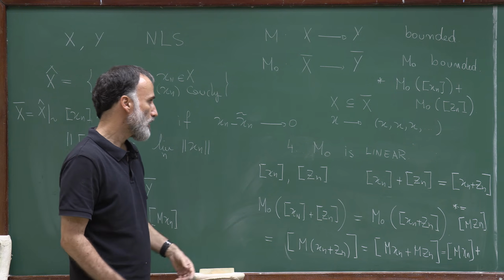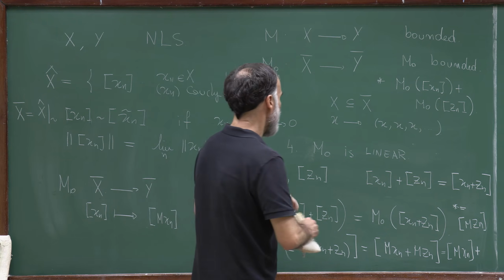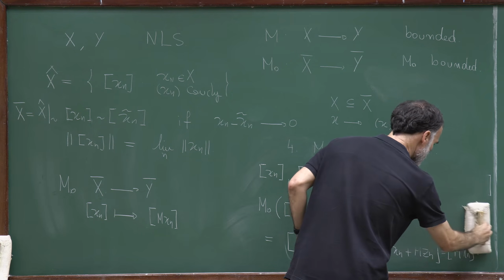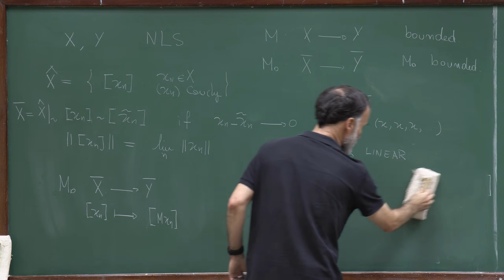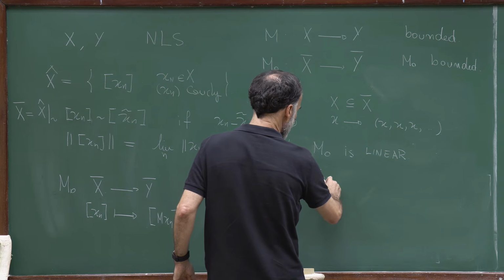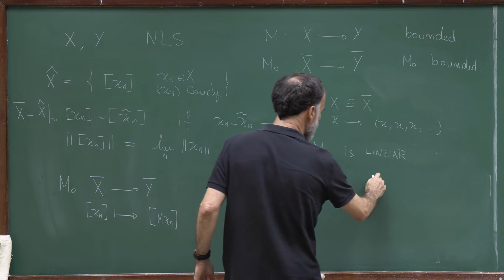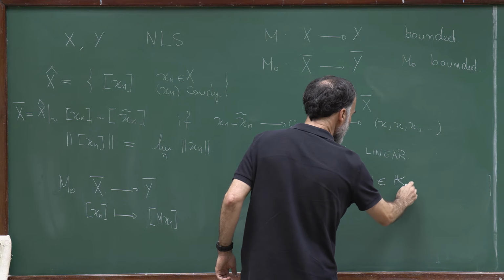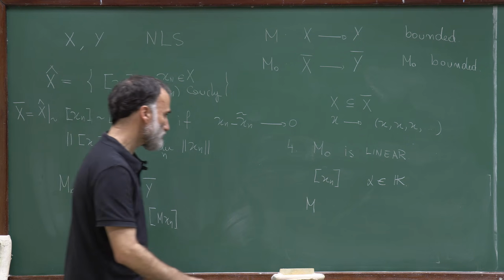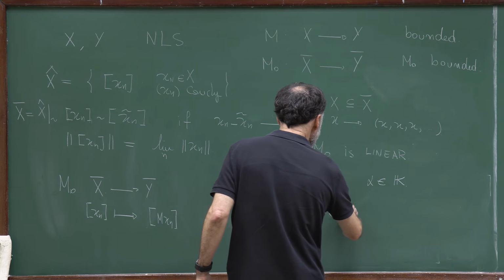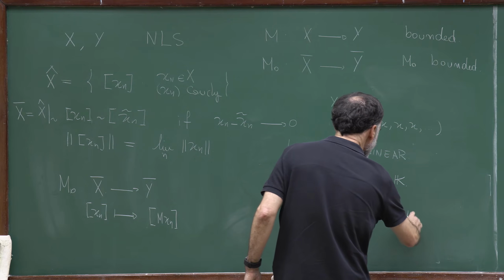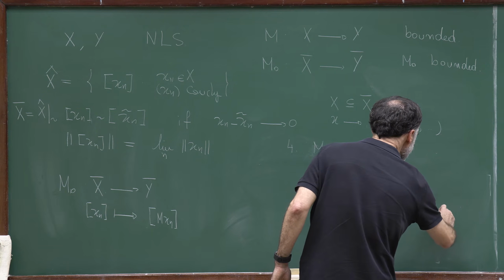M0 has one property needed in the proof of linearity, and the other one is similar. So I leave it to you to show that if I take an equivalence class xn and I take a scalar alpha, then M0 of alpha xn is equal to alpha M0 of xn.